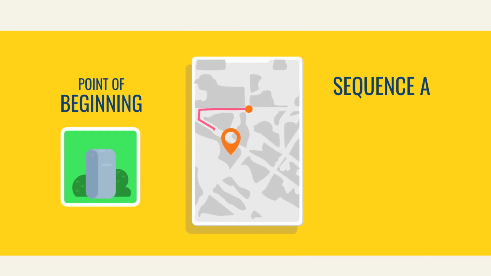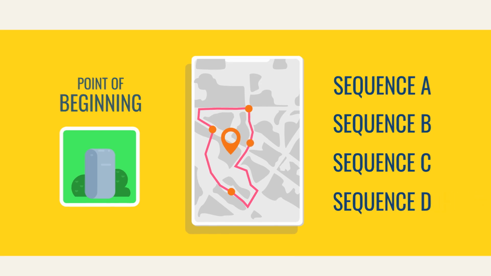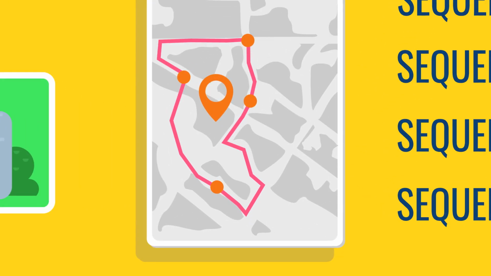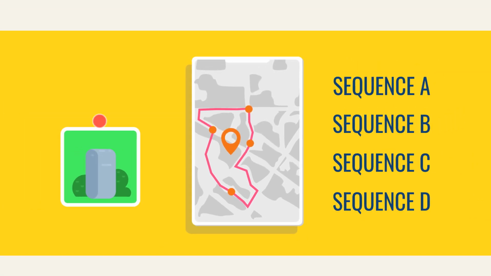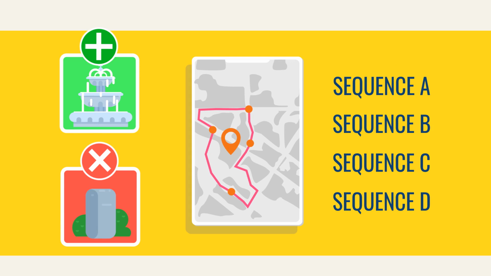The boundaries start at a point of beginning and are described in sequence, working around the property until finally returning to the same starting point. If there are no suitable natural monuments to mark a certain boundary, it may be marked on the ground with permanent man-made monuments. Let's look at the definition of the two terms.